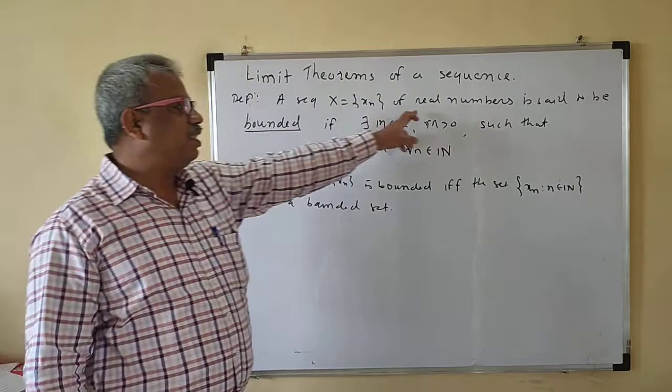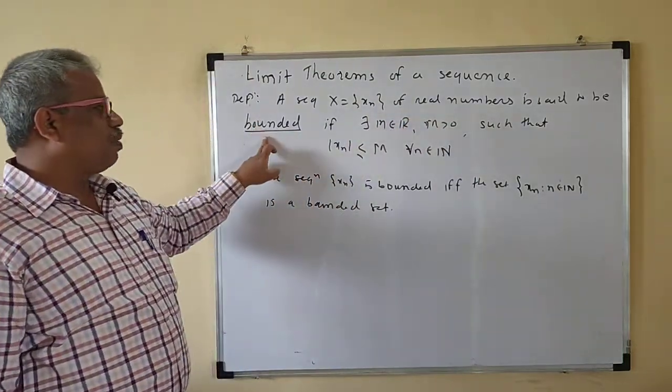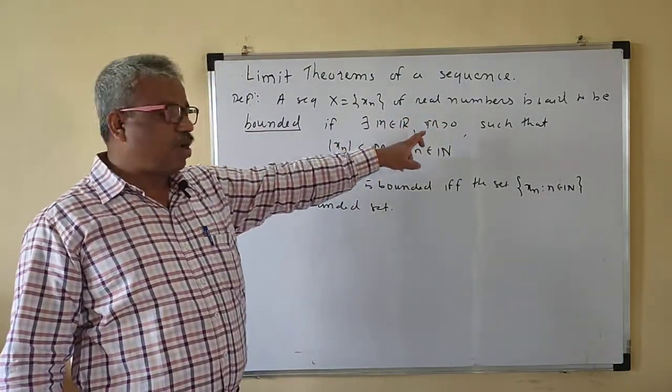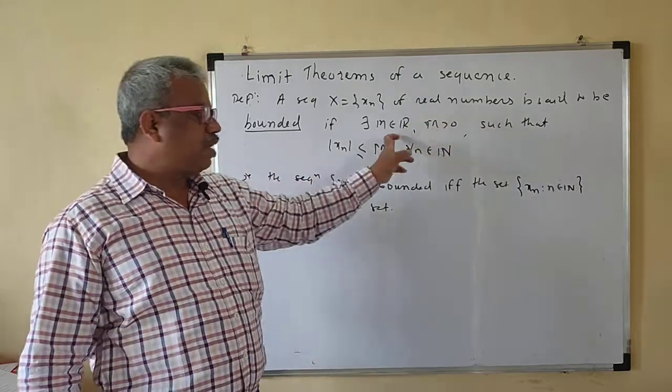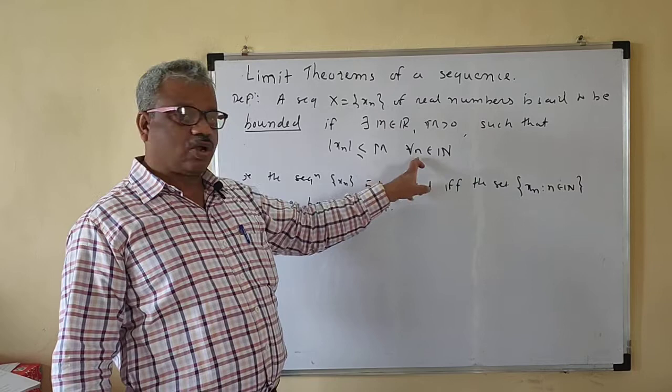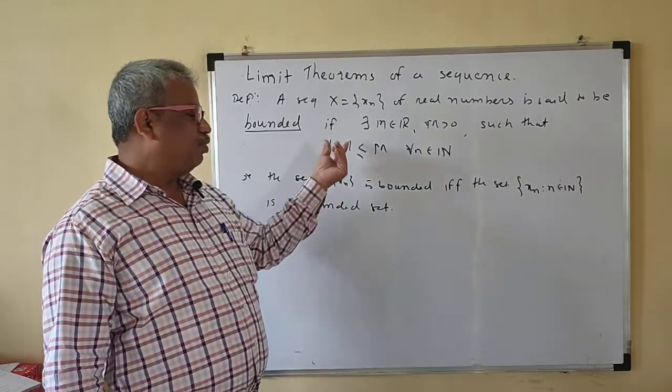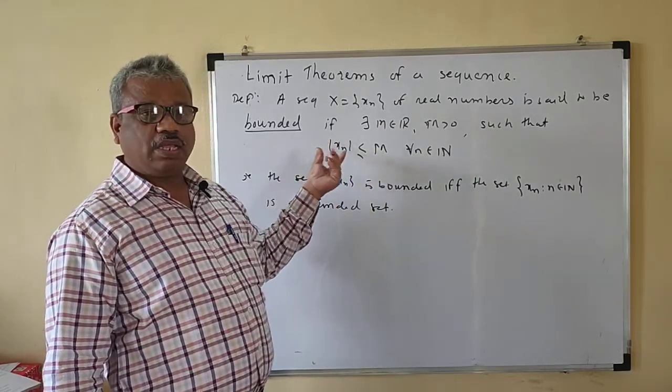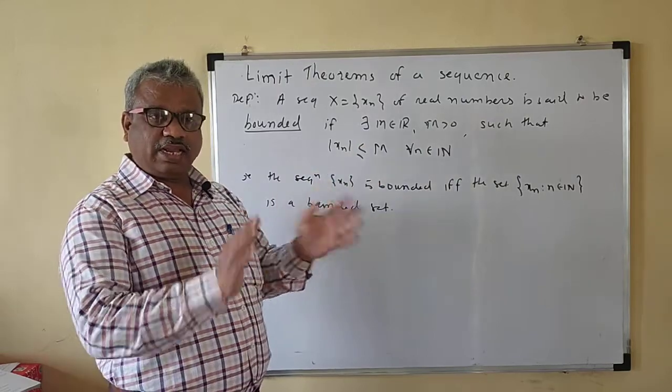A sequence xn of real numbers is said to be bounded if there exists a positive real number m such that mod of xn is less than m for all n belongs to N. That means every member is less than and greater than some number.